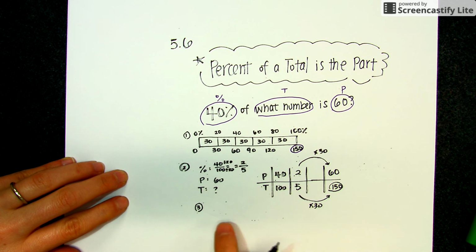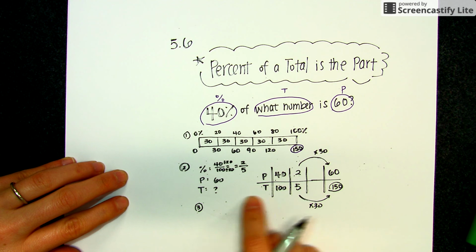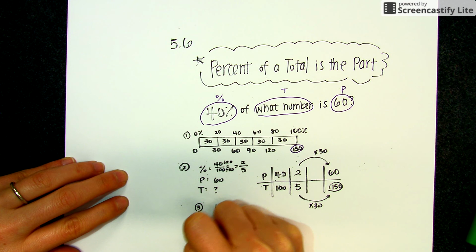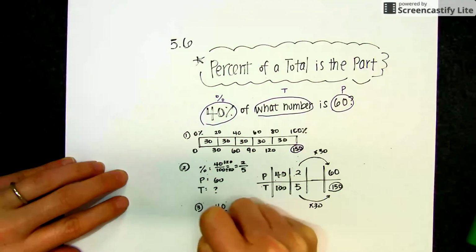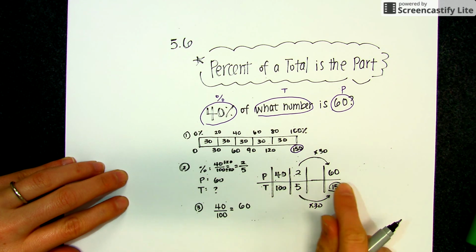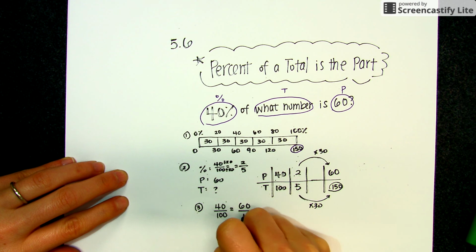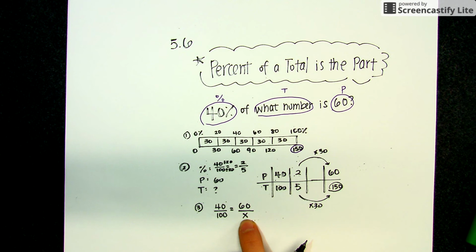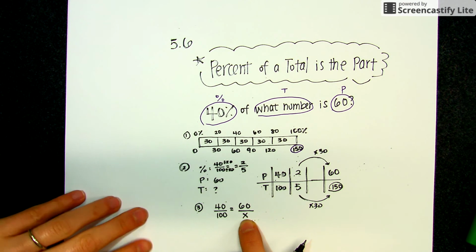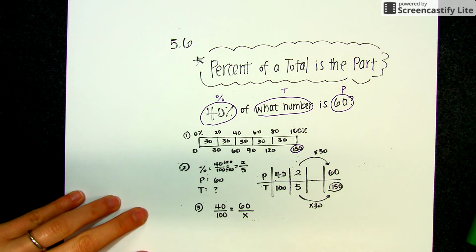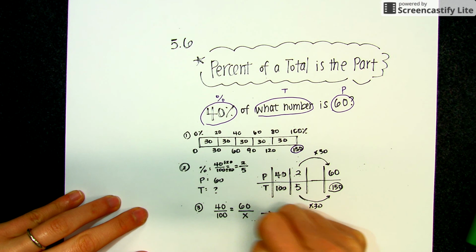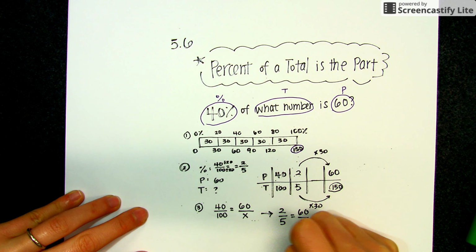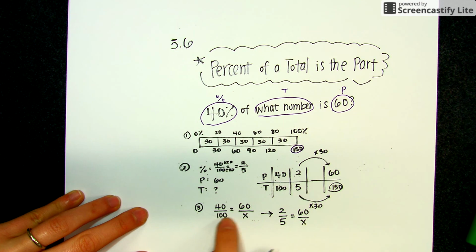Method number 3, the proportion way. Just change them into a fraction. You can write it as 40 over 100 equals 60, because that's the part, over x, because that's what you're looking for as a total. The total is always the denominator. Or make your life easier and simplify 40 over 100: 2 over 5 equals 60 over x.